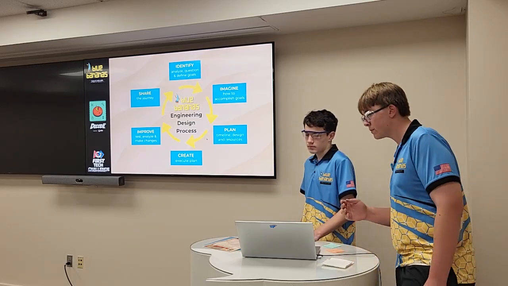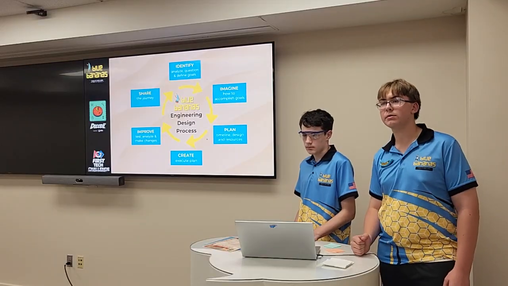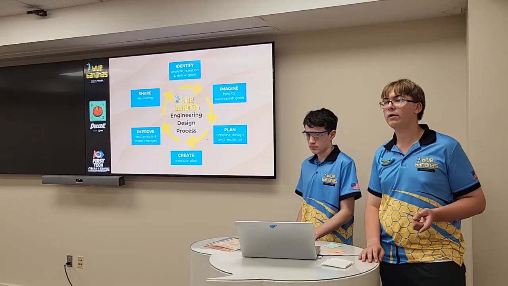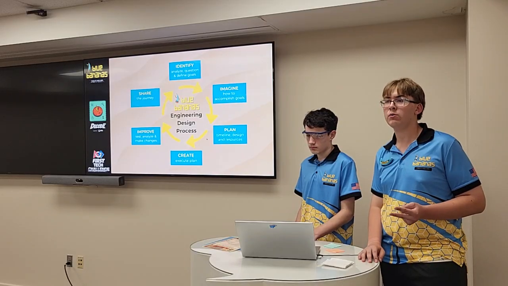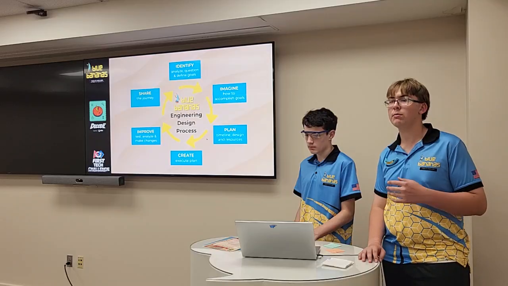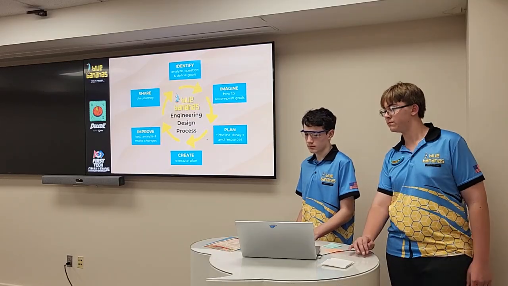And one way we did this is that after every single competition or event, we would go over what went well and what didn't go well, and we would make sure that we could accomplish those things again or improve them if they didn't go too well.